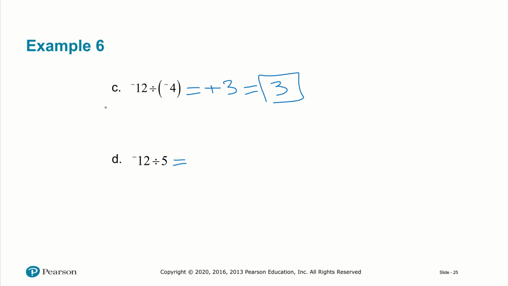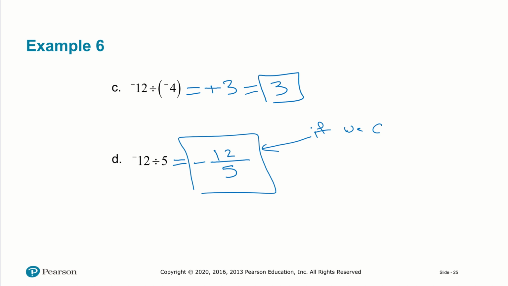Well, this is really just negative 12 over 5, right? If we know the output is negative, so I put the negative right next to the fraction line, and that's all I get. Look, 5 doesn't go into 12 perfectly, so we're just going to leave it as a fractional answer. And of course, this is the answer if we can use real numbers, right?